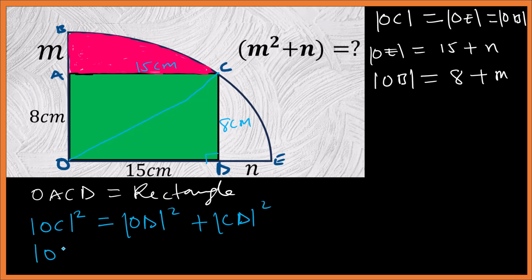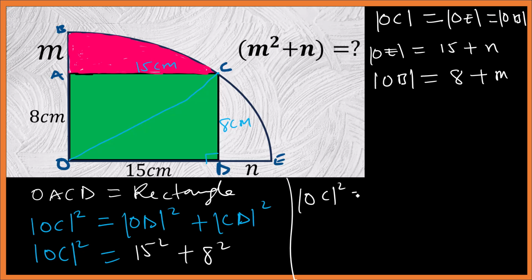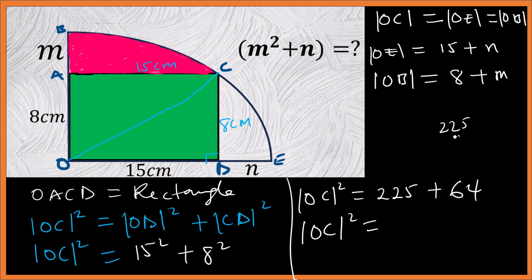So OC squared will be 15 squared plus 8 squared. So we have OC squared, 15 squared is 225 plus 64. So 225 plus 64, that is 289.